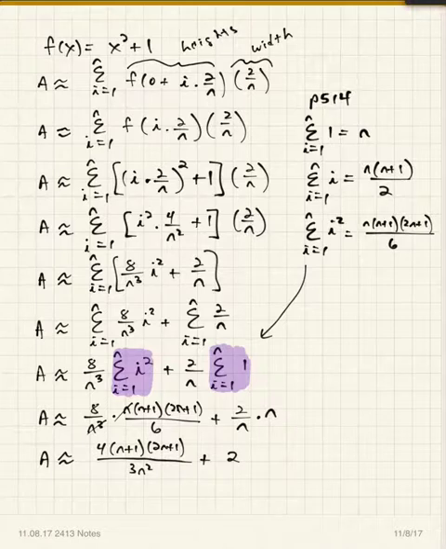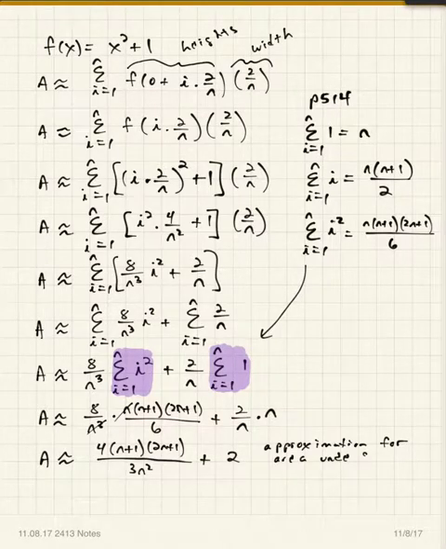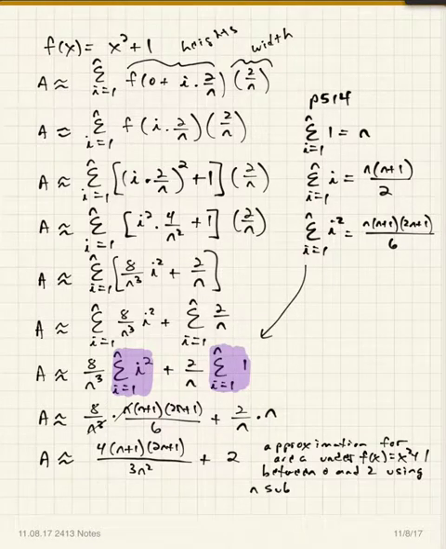So this is the approximation for the area under f of x equals x squared plus 1 between 0 and 2, using n subintervals and right-hand endpoints.